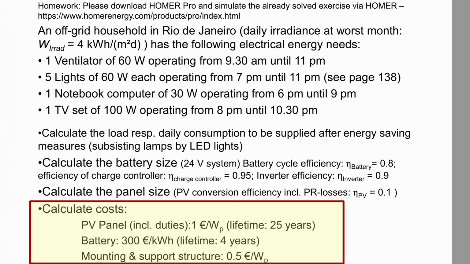And we need to calculate the costs afterward, in which case PV panels cost €1 per watt peak for a lifetime of 25 years, battery €300 per kilowatt hour for a lifetime of 4 years, and mounting and support structures 50 cents per watt peak.